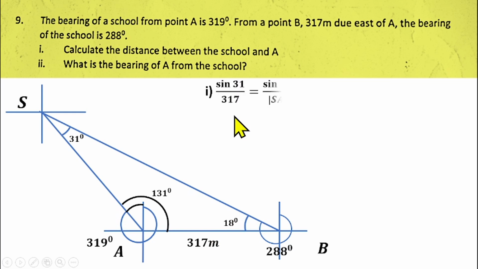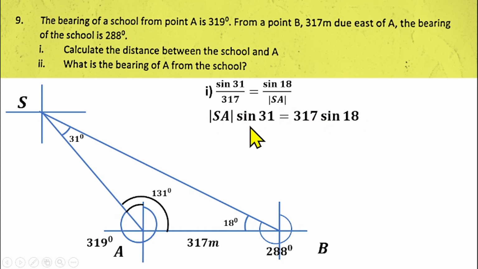So using sine rule now, we'll be having sine 31 over 317 equals sine 18 over the side facing it, which is the side we are looking for, side SA. We can cross multiply from there. Side SA multiplied by sine 31 equals 317 sine 18.